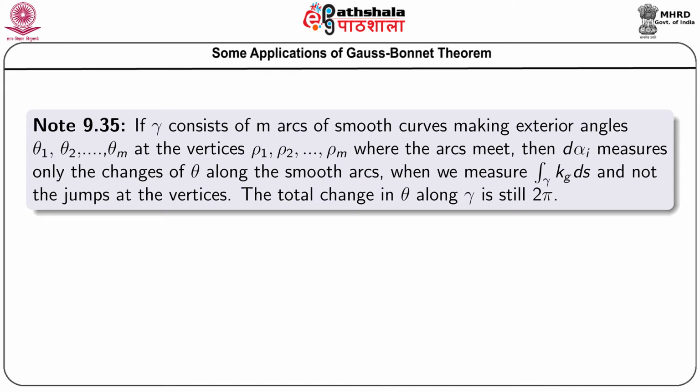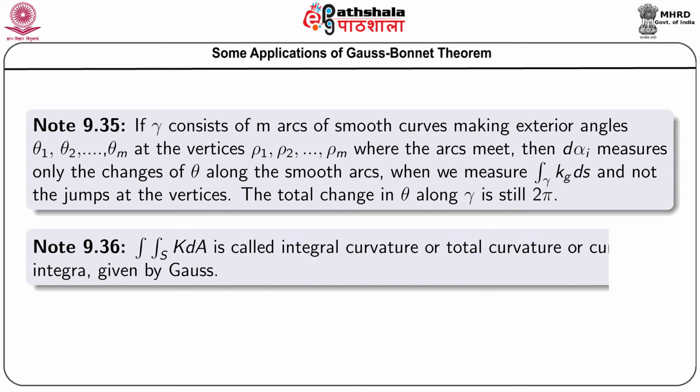Then we have seen the total change in theta along gamma is 2 pi. And I have just mentioned also that this double integration over the surface or the region, k dA, is called integral curvature, or total curvature, or curvatura integra as given by Gauss.